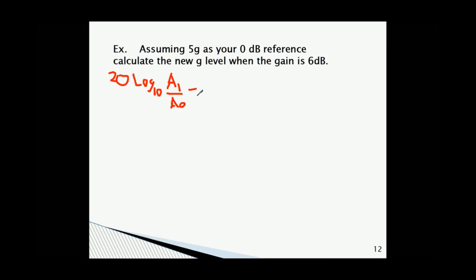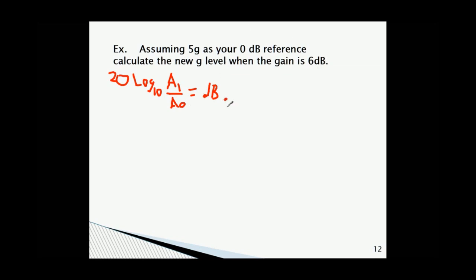And this is equal to dB. Now this equation can be used to find your dB level if you know your response and you know your input. In this case, we don't know our response, our A1, but we do know our dB. So we are going to go ahead and plug in 5 for our A naught, that is our input, and we know dB, which is 6.